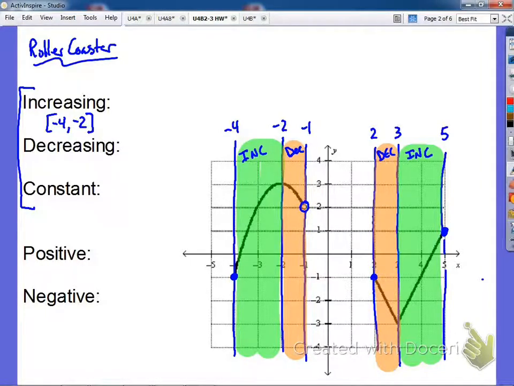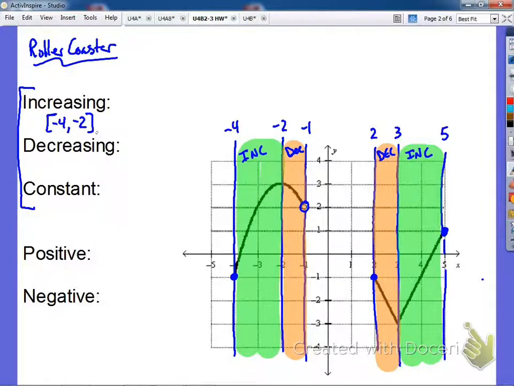And I use a bracket. I really don't care what's happening on the endpoint. I really don't care whether this is a bracket or parentheses, because that actual endpoint doesn't matter to me.